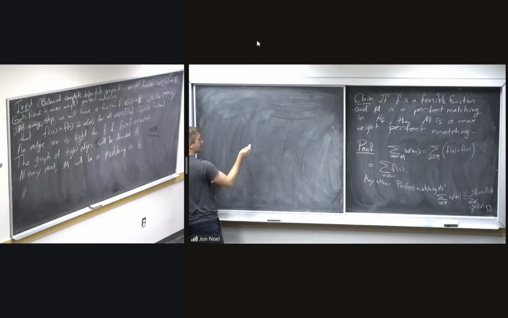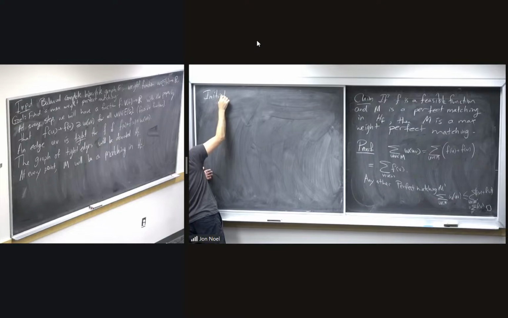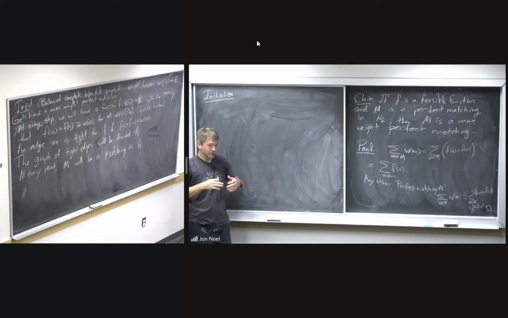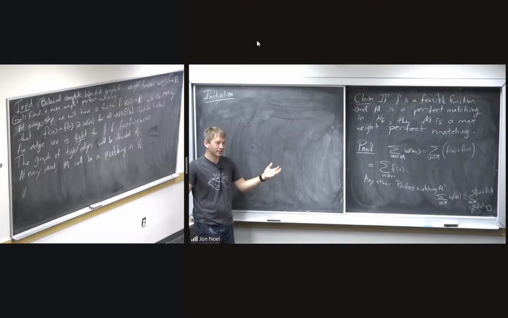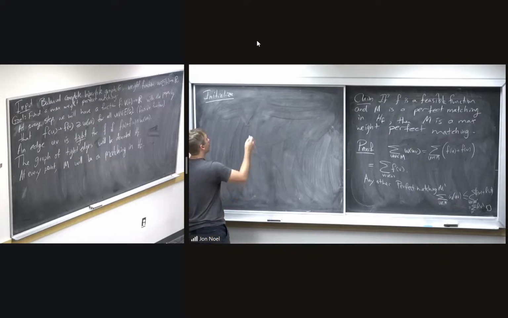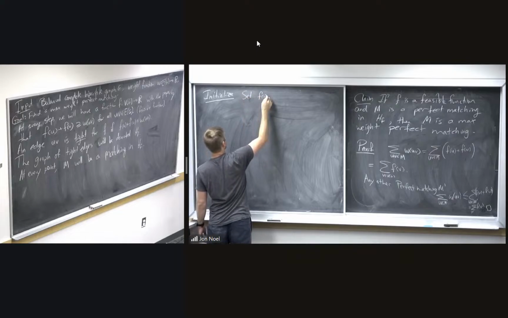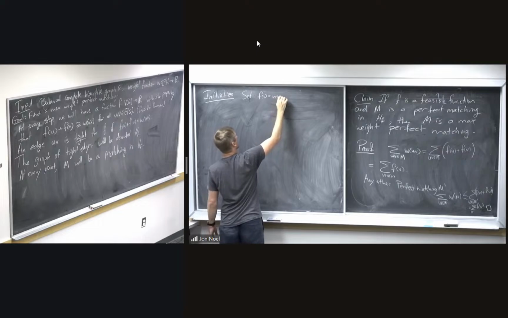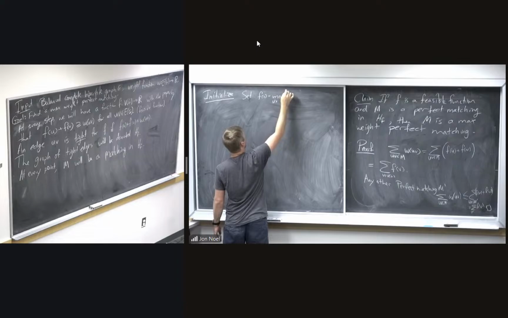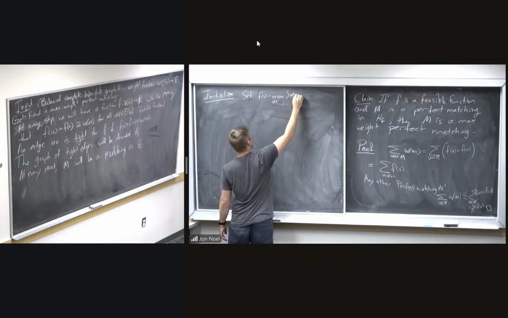All right, so let's describe how the algorithm works. I have to tell you what f is at the beginning. And like I said, at the beginning, I'm just going to let f of v be a large number for every vertex v so that it's definitely feasible. So set f of v to be the maximum of all the weights over all the edges.